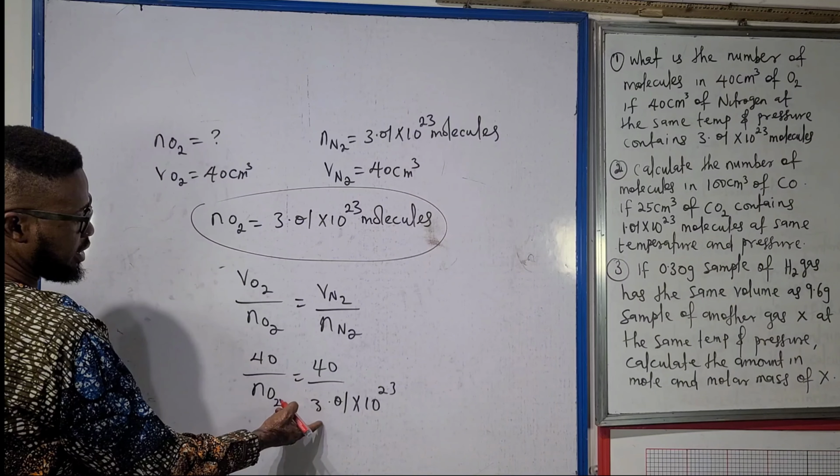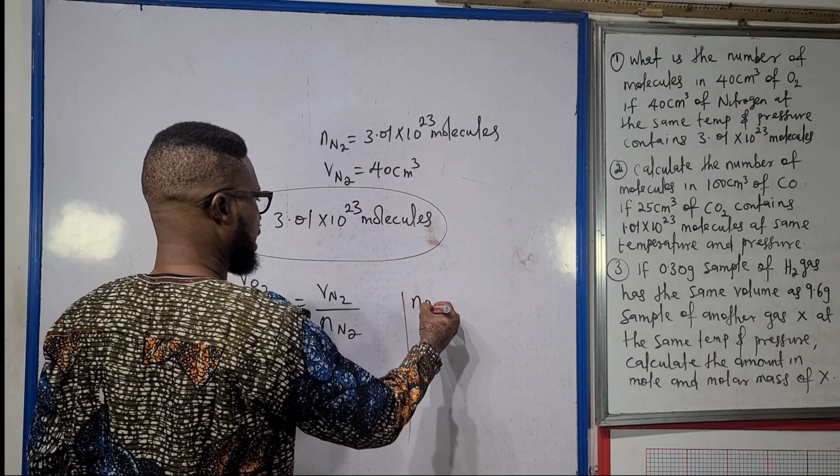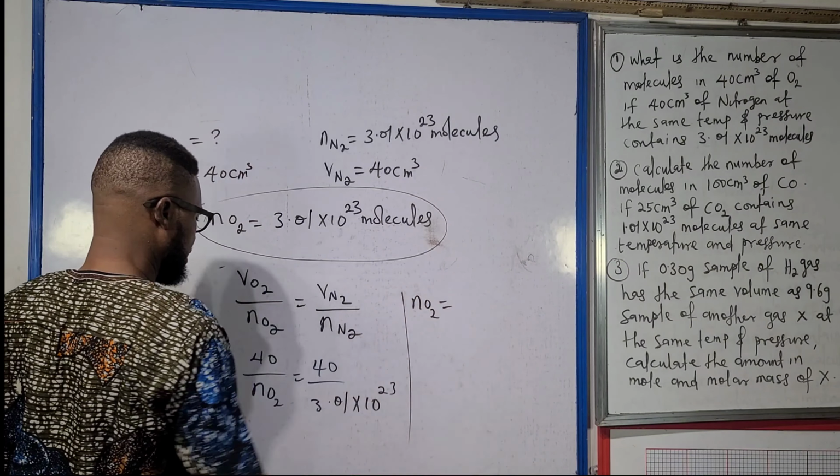So the number of molecules of oxygen is 40 times 3.01 times 10 raised to power 23 divided by 40. So 40 cancels 40, and the number of molecules of oxygen is still 3.01 times 10 raised to power 23. That is how it works. But it is even more direct without this: if the volumes are the same, then the number of molecules should also be the same. That is what Avogadro's law is about.